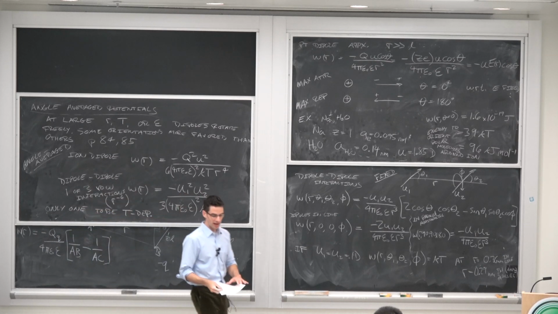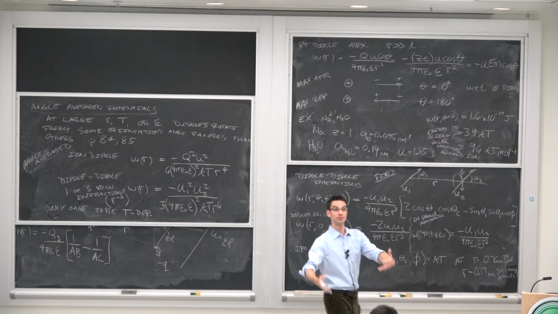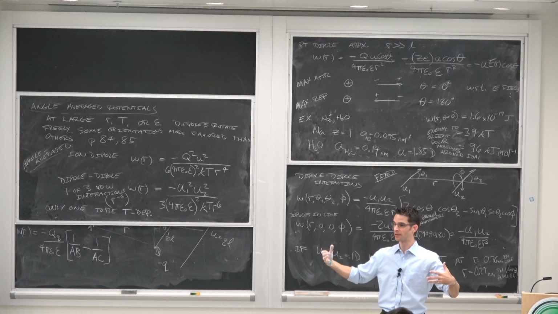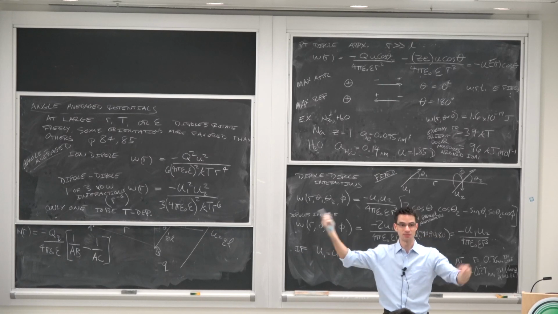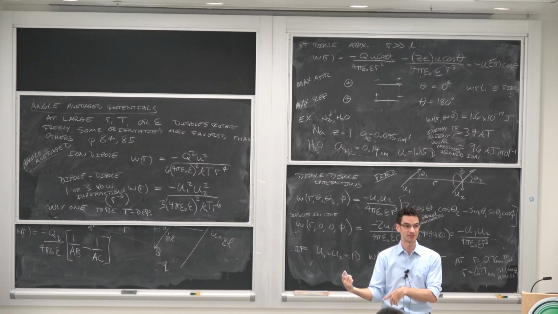Why is it temperature dependent? Because if you raise the temperature and you raise the amount of thermal energy available, then you allow these molecules to spin more and more indiscriminately, even if they're closer.